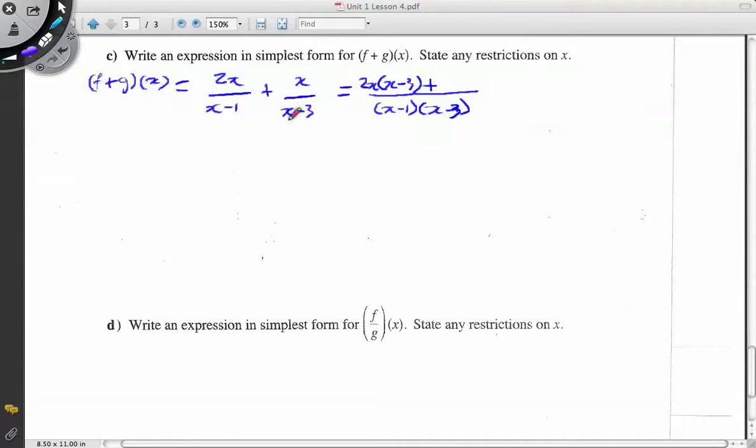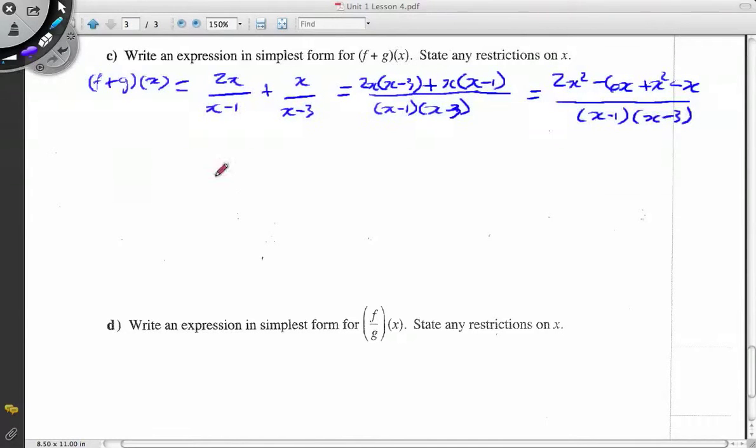This bottom, to get a common denominator, was multiplied by x minus 1, so we've got to do the same to the top here. We're going to take x and multiply it by x minus 1. Simplifying that, basically we get the following: 2x squared minus 6x plus x squared minus x, all over a common denominator, x minus 1, x minus 3.